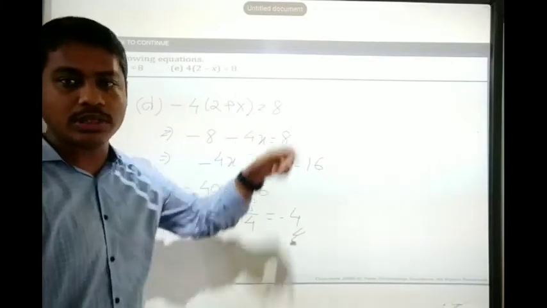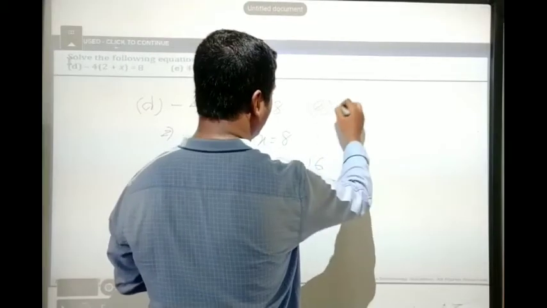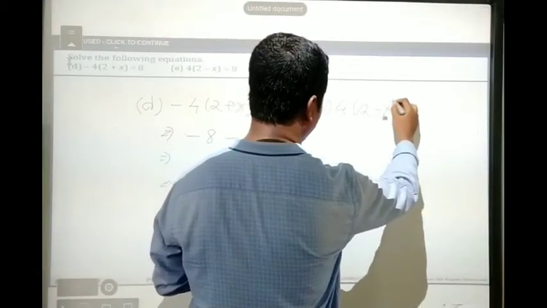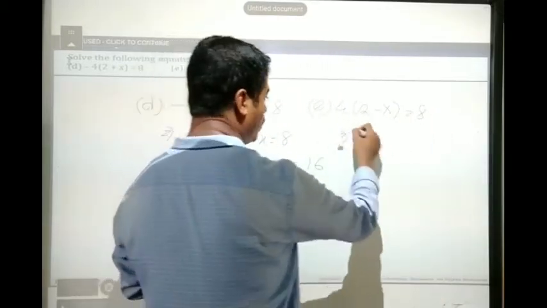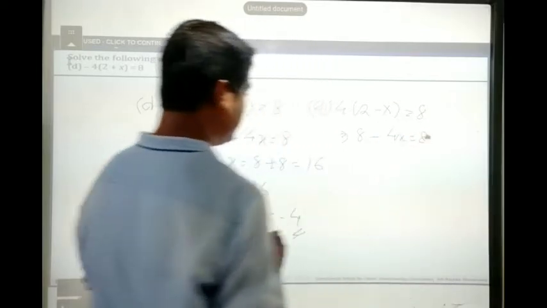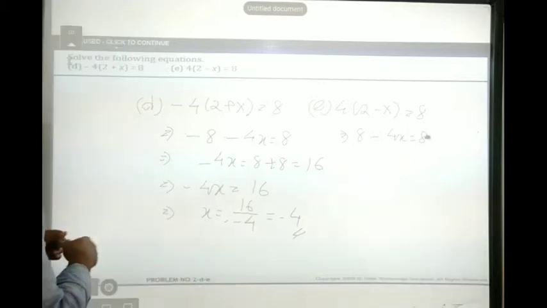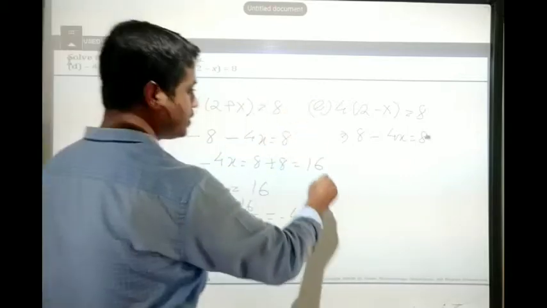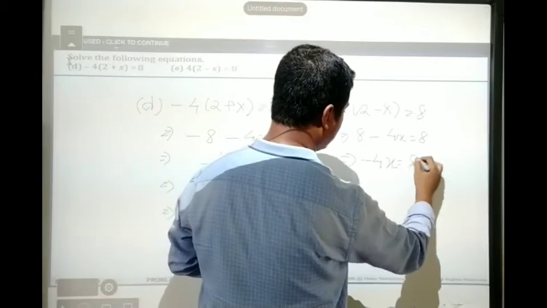So let us see question number E. 4 into (2 minus x) is equal to 8. Again follow the distributive law. 4 2s are 8. 4 into x is 4x, equal to 8. I think again the same question is there. No, here it is minus, before it was plus. So it will be minus 4x equal to 8 minus 8.